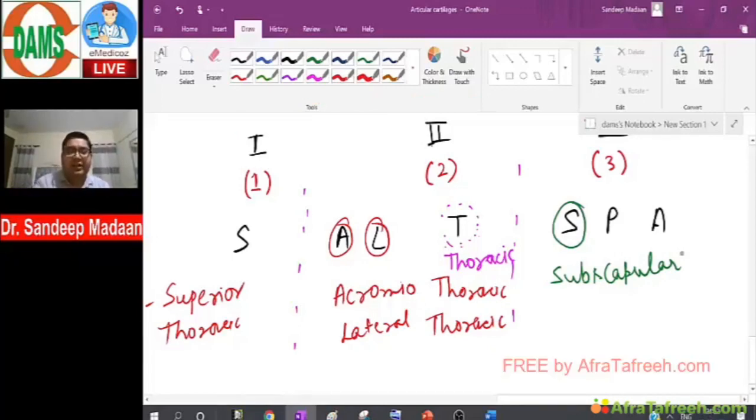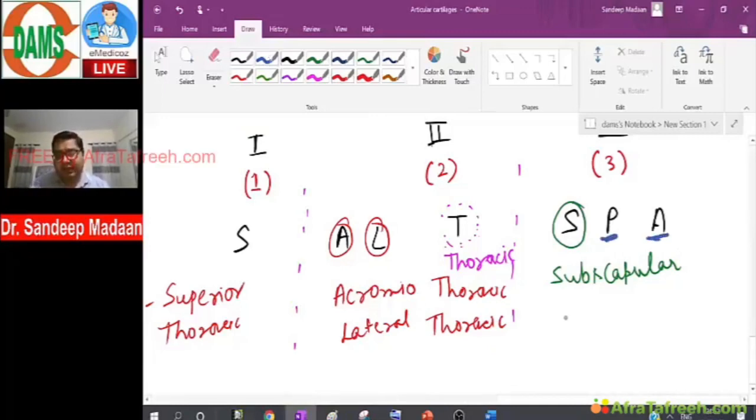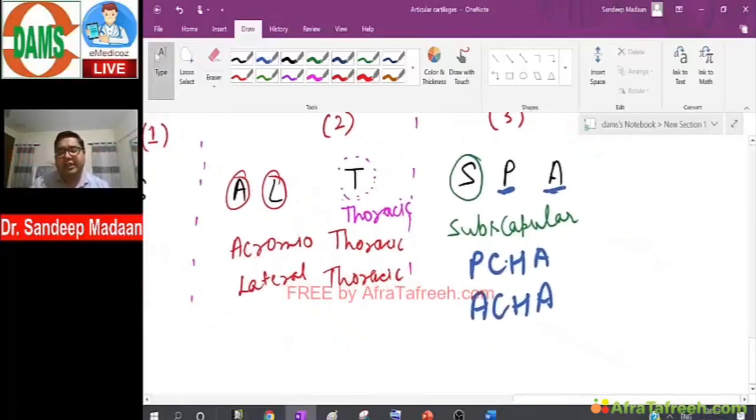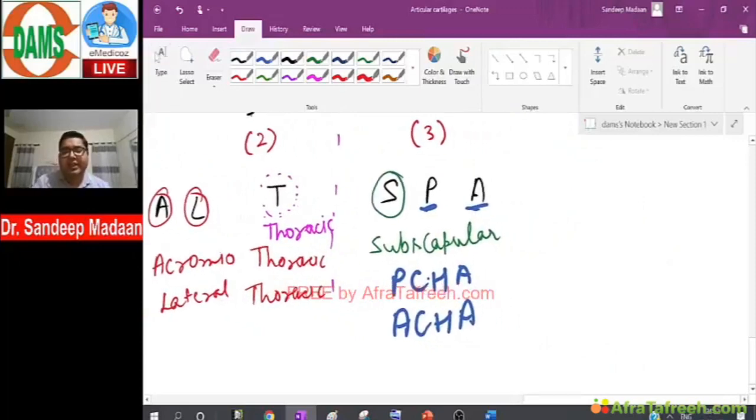After we have learned about the axillary artery, in the third part the remaining branches start with P and A. What is that? Pacha and Acha. What is Pacha and Acha? Let me write the full form of Pacha and Acha.